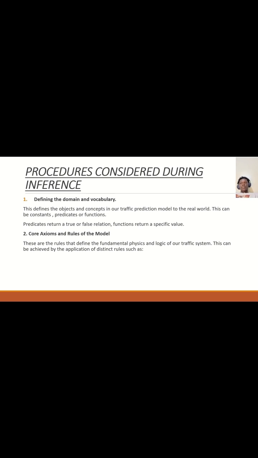So this can be constants, predicates, or functions, amongst others. Two, we have the core axioms and rules of the module. So these are the rules that define and govern the fundamental physics and the logic of the whole traffic prediction system. So this can be achieved by the application of distinct rule sets.